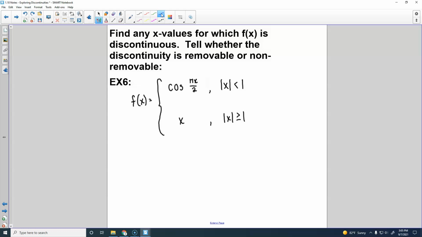So another way you can deal with piecewise functions is you can plug in values. So you're going to see this on your homework a little bit. I don't like this notation, but they do it.